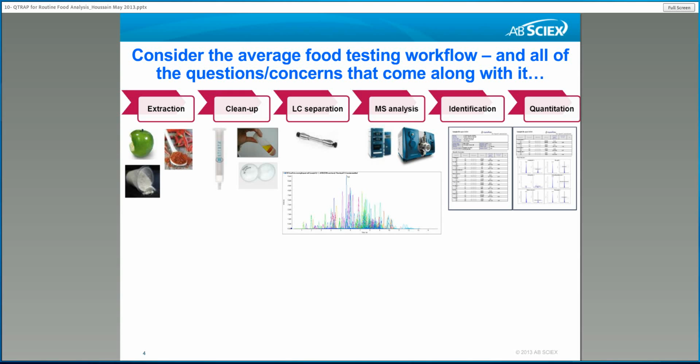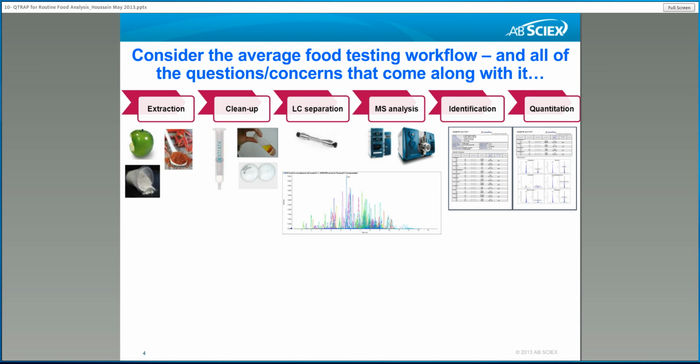The average food testing workflow involves in general a 6-step process, and many questions could arise during each step of these processes. The sample must first be extracted to collect the residue of interest. Then samples are often cleaned up to remove the unwanted matrix interferences. Then the sample is injected into an LC system, and the residues are separated for ideal detection.